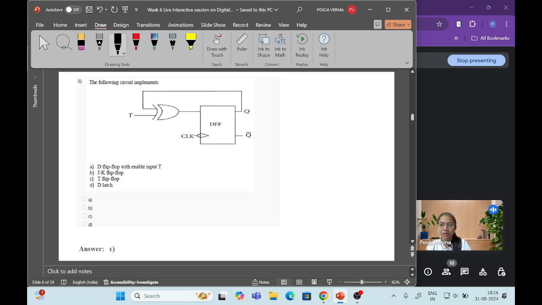So, next one. The following circuit, what is it implementing? Can anyone tell me? Option A, D flip-flop with enable input; option B, JK flip-flop; option C, T flip-flop or T type.